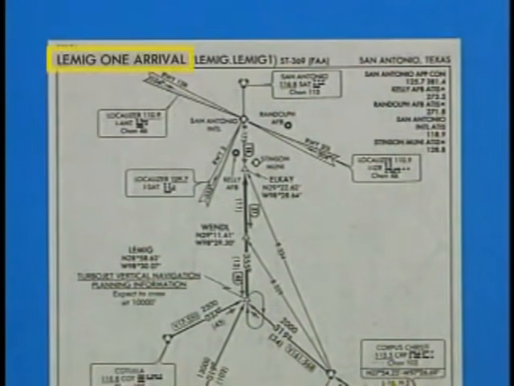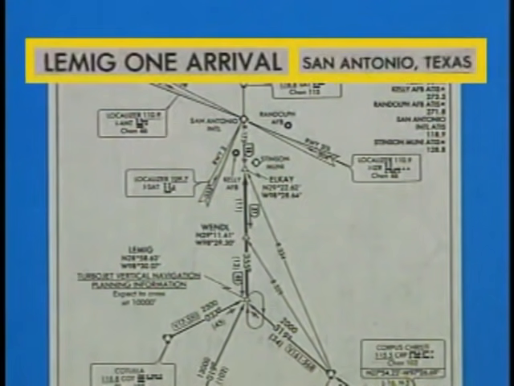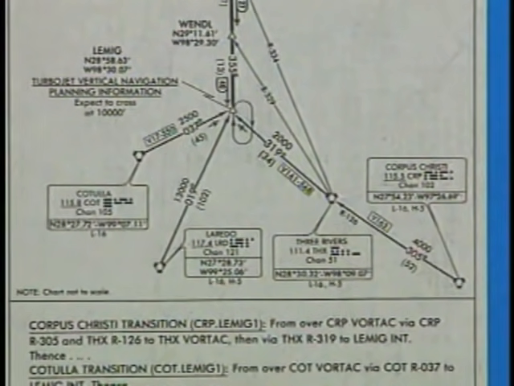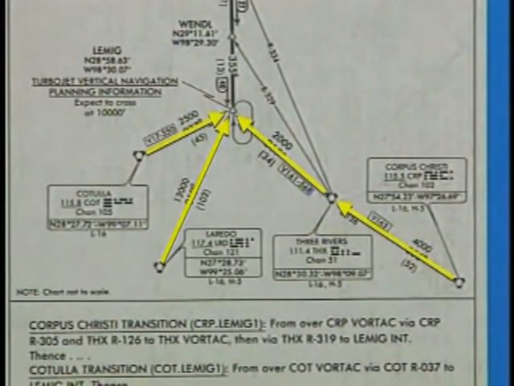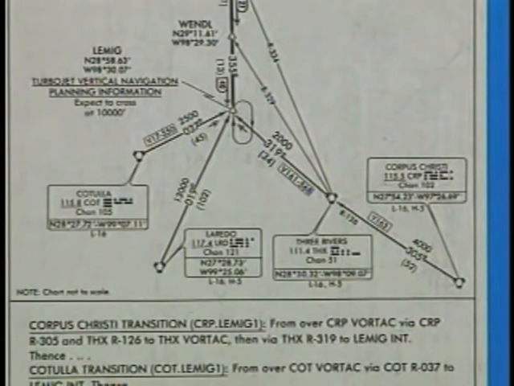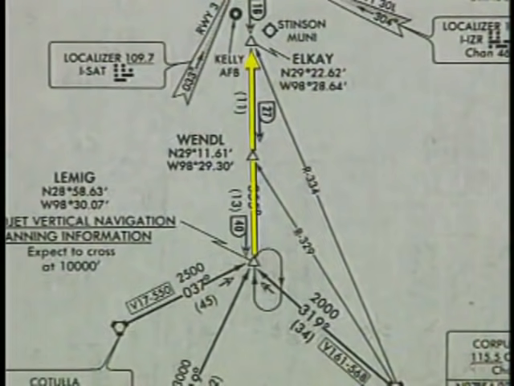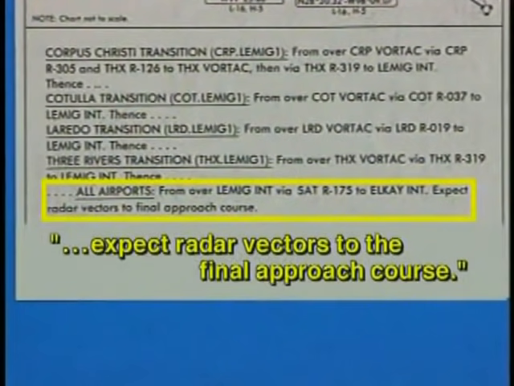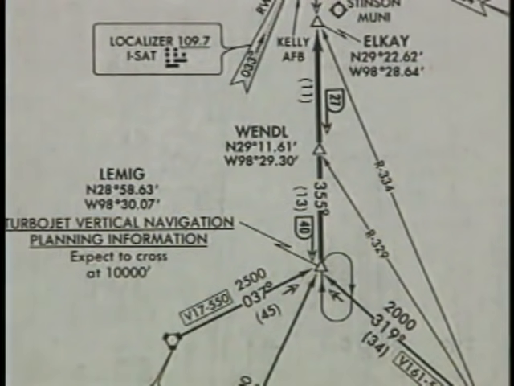Let's look at the LEMIG 1 arrival for San Antonio, Texas. This arrival, like most STARs, consists of multiple transition routes and an arrival route. This particular arrival utilizes radar vectors to the final approach course. You can distinguish the arrival route from the transitions by the bold route line.